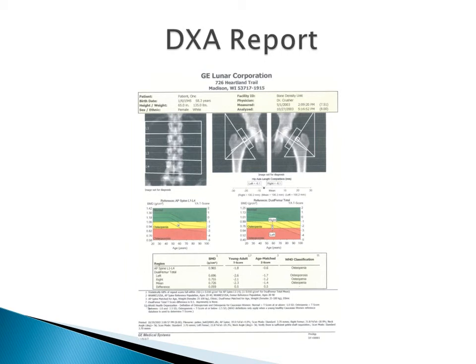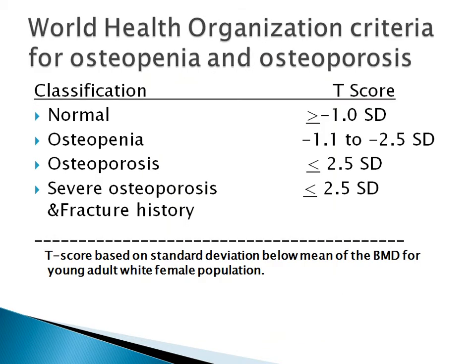as shown here. This is the DXA report, and listed on this is the World Health Organization criteria for osteoporosis. Here it is, the World Health Organization criteria for osteopenia and osteoporosis. A normal DXA scan is defined as a T-score of greater than or equal to minus 1.0 standard deviations from the mean.